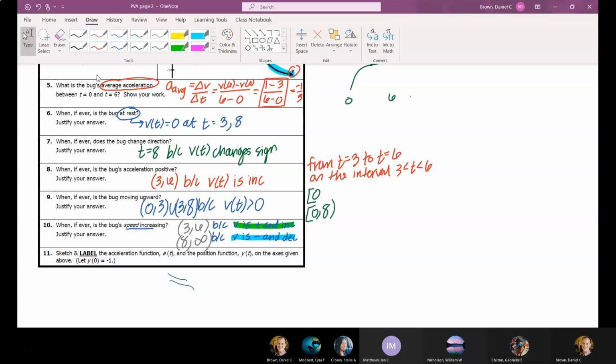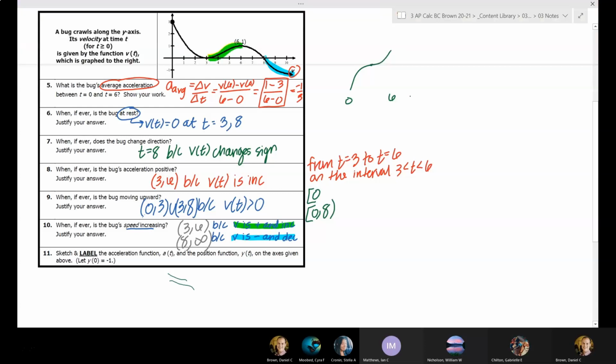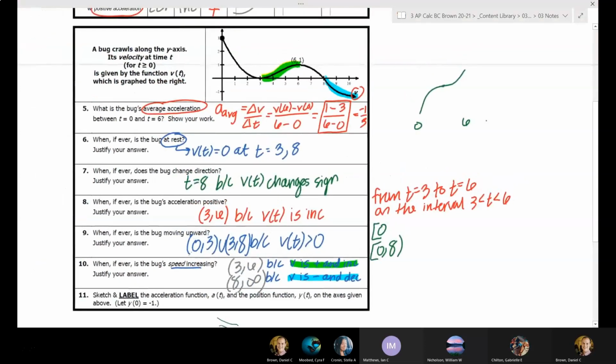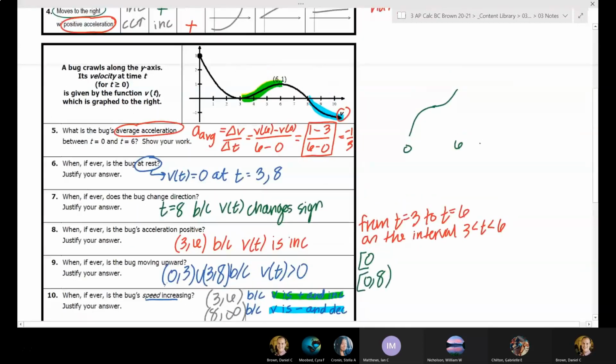All right, for the sake of time, I'm not going to do number 11 with you. Number 11 is just to sketch the acceleration and the position, but that's really just a review. Going from velocity and trying to draw the acceleration is like going from y to y prime, since acceleration is the derivative of velocity.